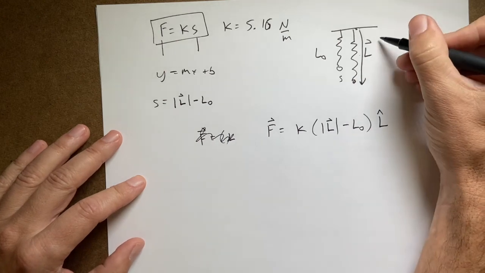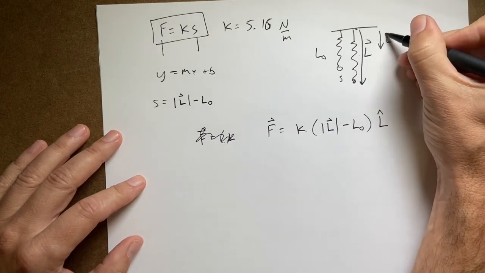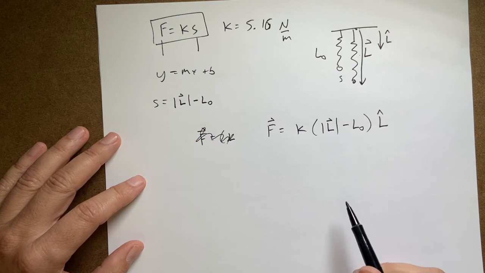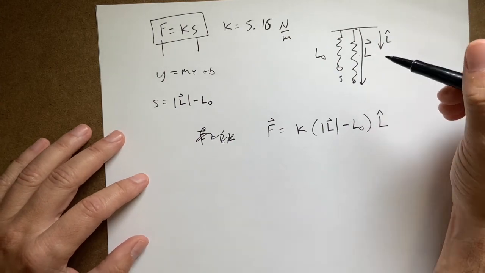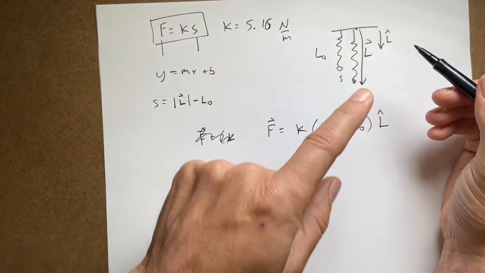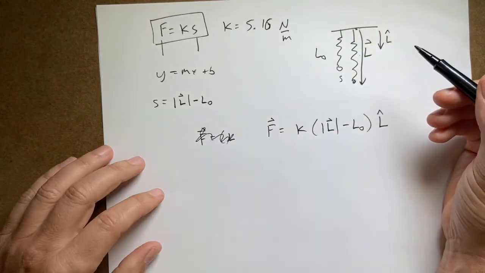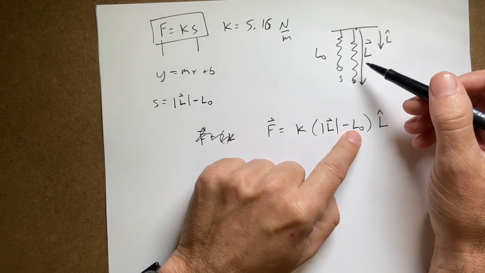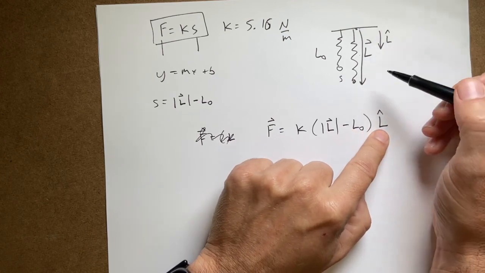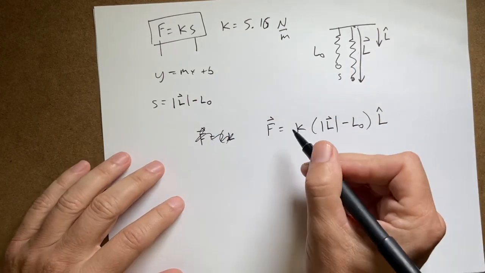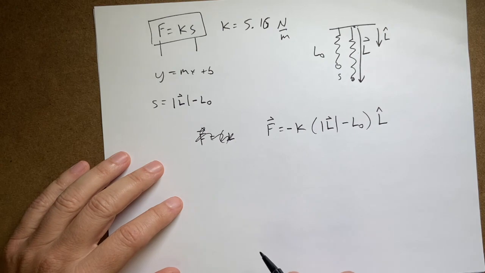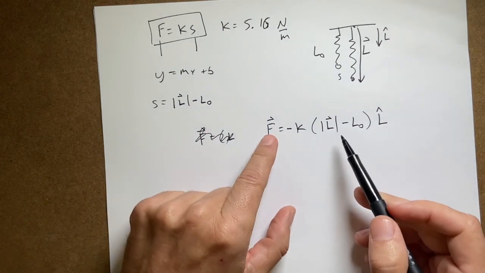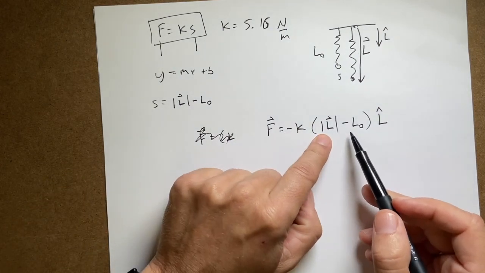So L hat is the unit vector in the direction of L. Let's just make sure that this thing works, right? Let's say I pull this spring down. I know that the force should be pulling up. So here L minus L0 is going to be a positive number. But L hat's down, and I want the vector to be up. So I'm actually going to have to add a negative sign right there. So this means that the force due to the spring is in the opposite direction of the stretch.